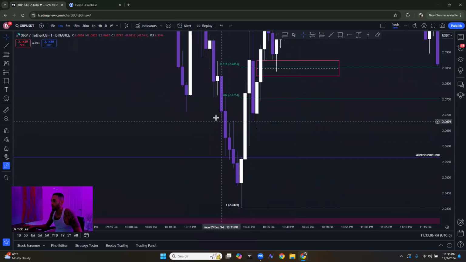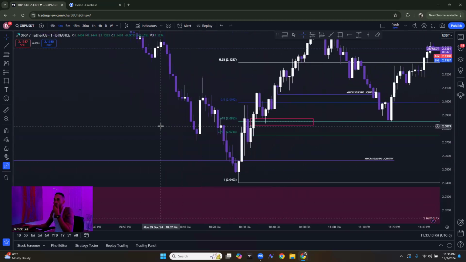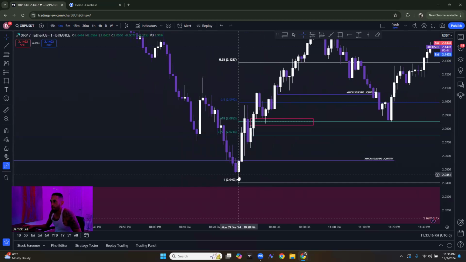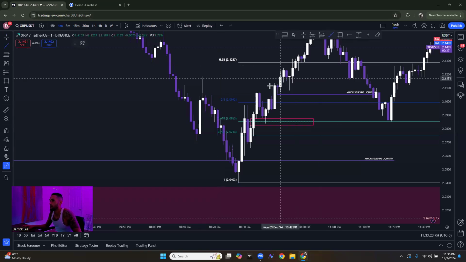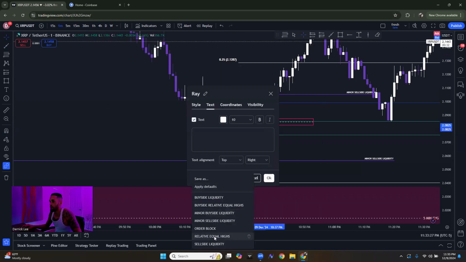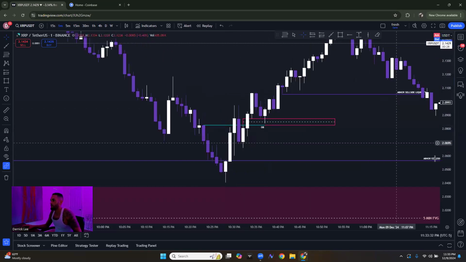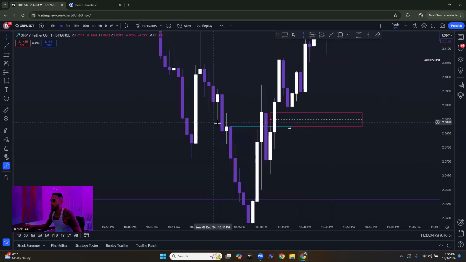We ran the minor sell side and we broke this high right here. As soon as we break this high, these down close candles, that's an order block.